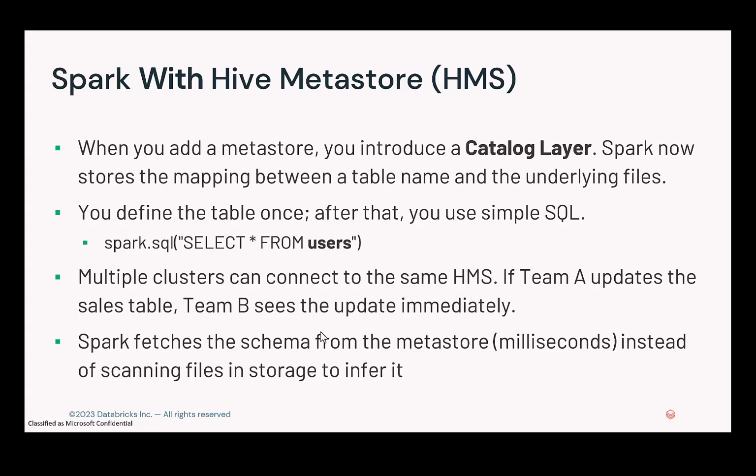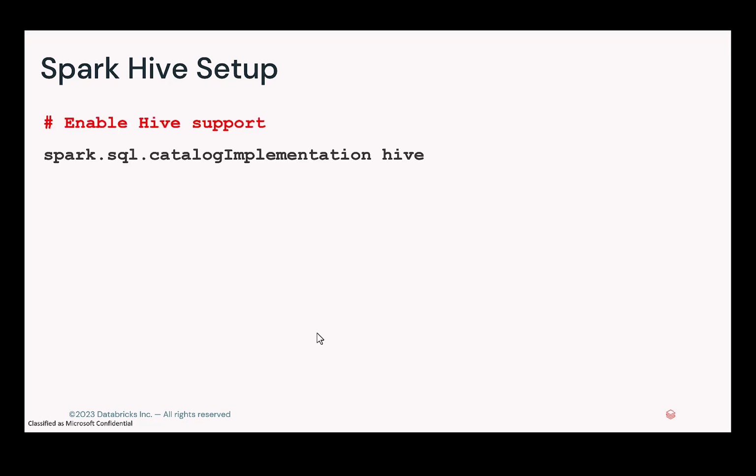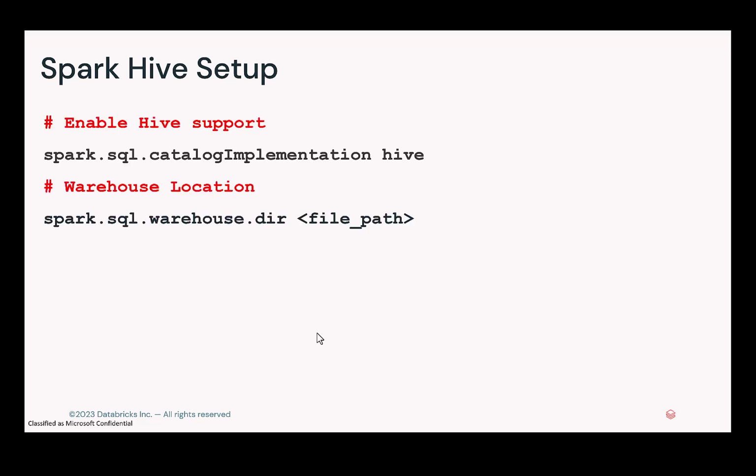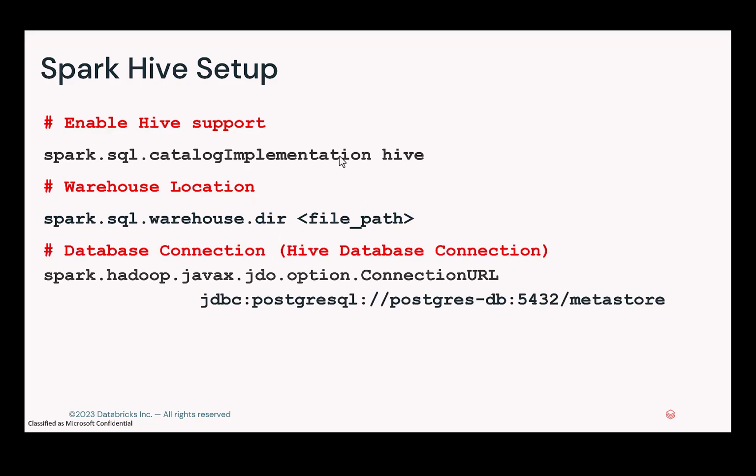Hive metastore, that was there since forever. So what you do is, here are a few configuration options. You provide that the catalog implementation is Hive, and the warehouse directory, I've shown you this one. And then Hive meta store behind the scenes is connecting to a database. It is storing all the configuration in a Postgres database.